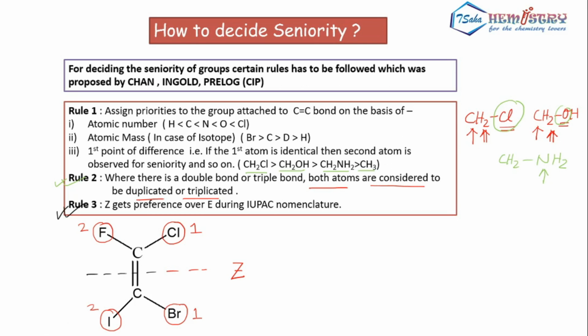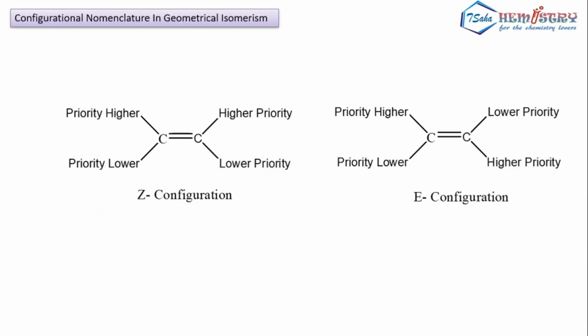So this is the conclusion: if higher priority groups are on the same side across the double bond, we get the Z isomer or Z configuration, and if the higher priority groups are on opposite sides of the double bond, then we have E configuration.